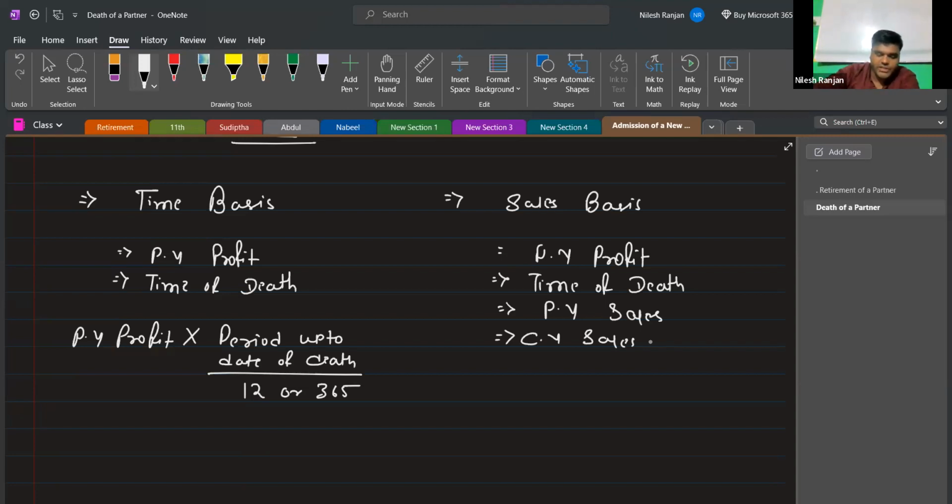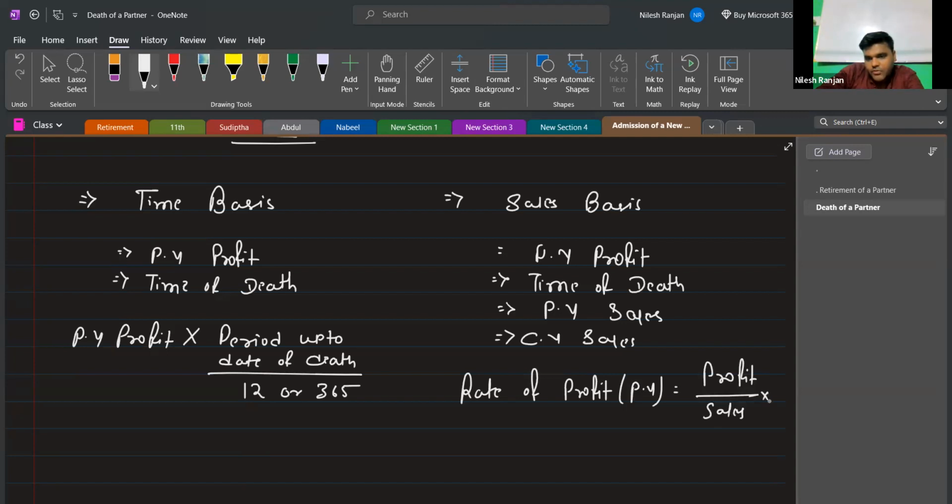Actually, you have to consider sales because current year sales and previous year sales both are given. So in that case, you have to calculate the rate of profit first. Rate of profit of previous year: profit divided by sales into 100.